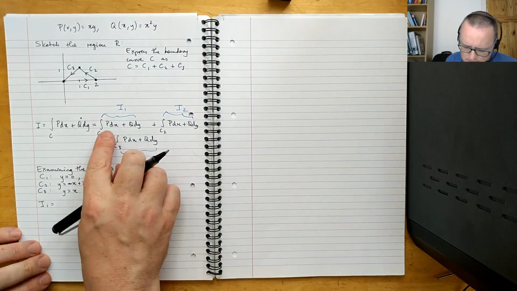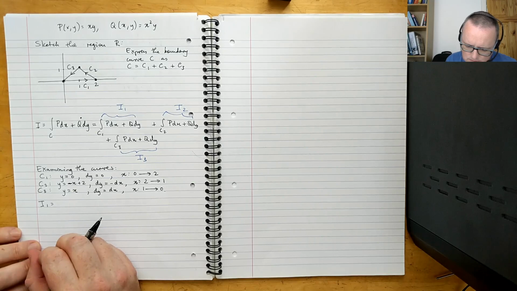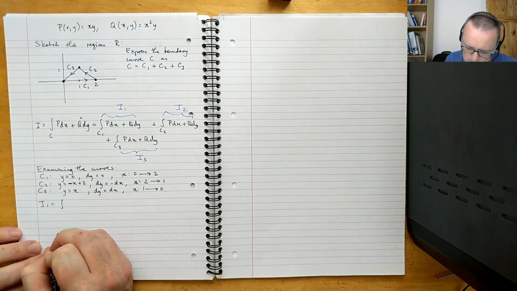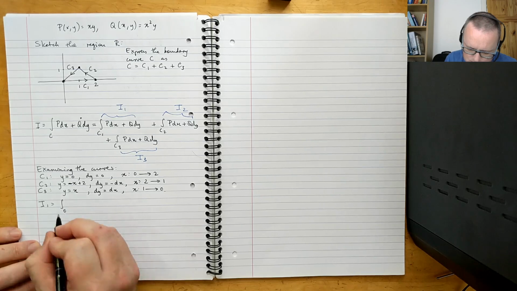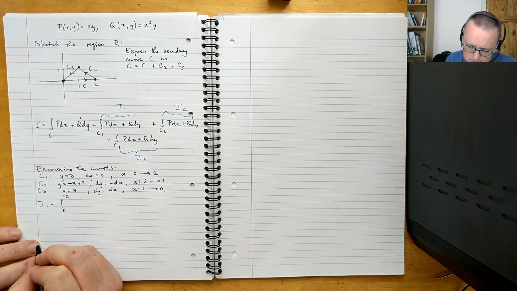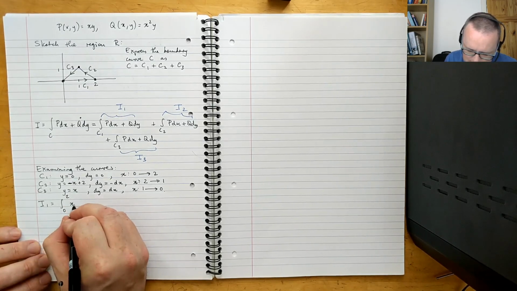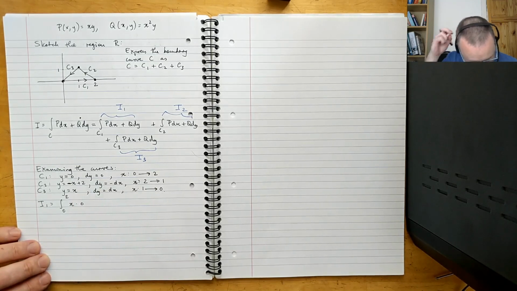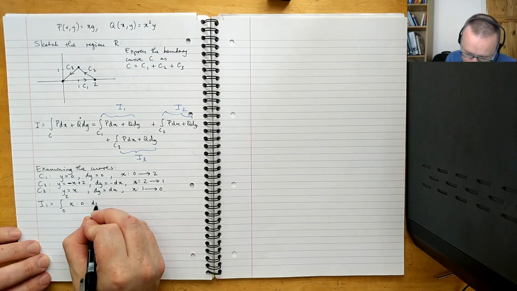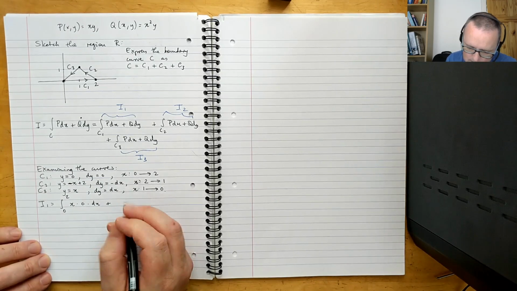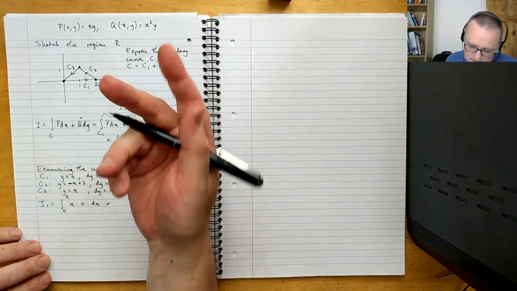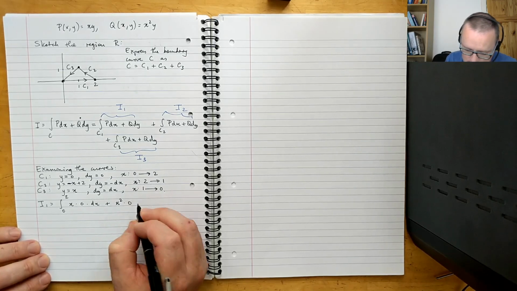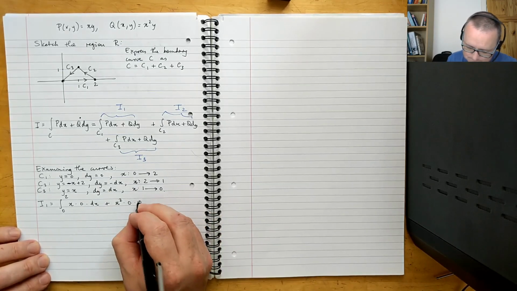Okay, so taking this integral p dx plus q dy, well, y is equal to 0, so we're integrating x from 0 to 2. So p is x times y, so it's simply x times 0 dx. Then plus q dy. Well, q is x squared times y, but again y is 0, and the differential dy is 0.